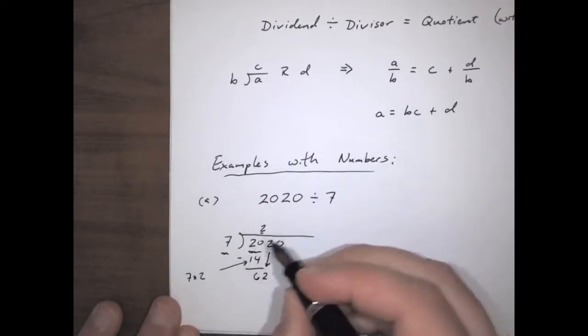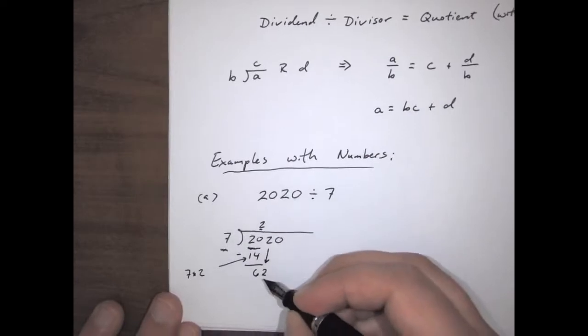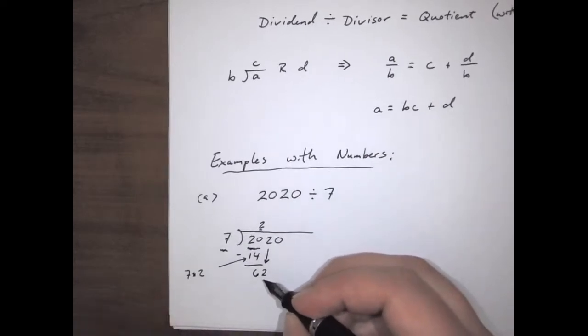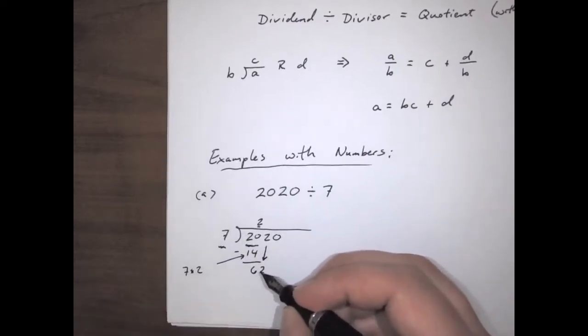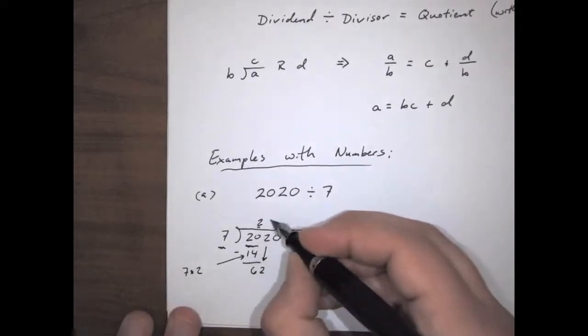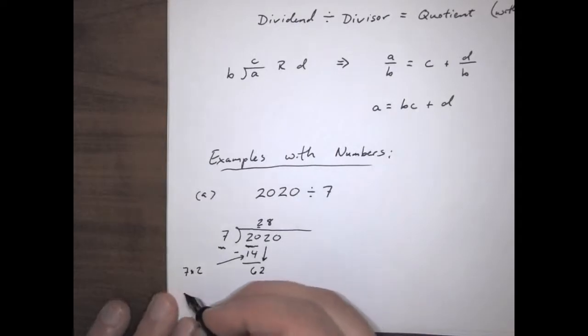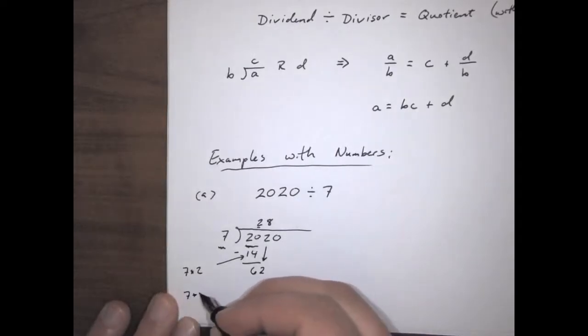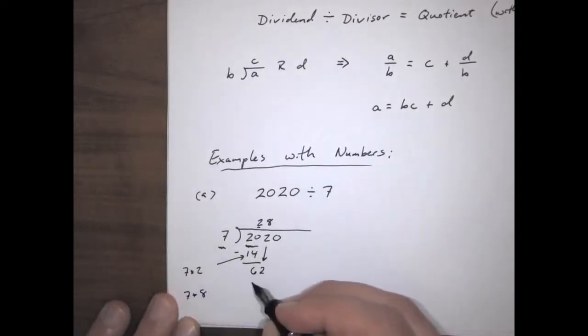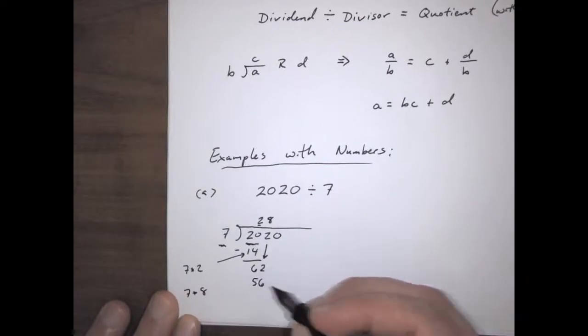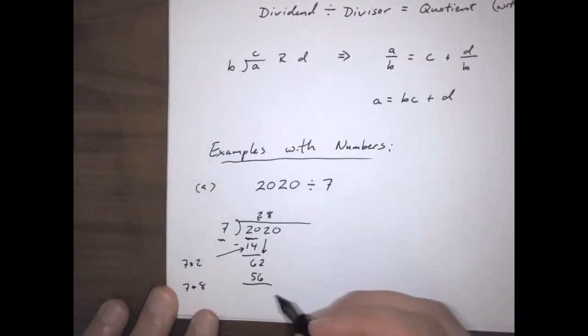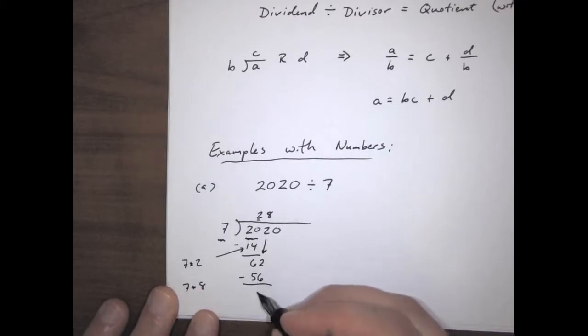How many times does 7 go into this number down here, 62? Well, 7 times 9 is 63, so we can't quite go that far, but we can go almost. So we can do 8. Then you do 7 times 8. That number goes down here, so it's 56. Then you do the subtraction, and that leaves you with 6.